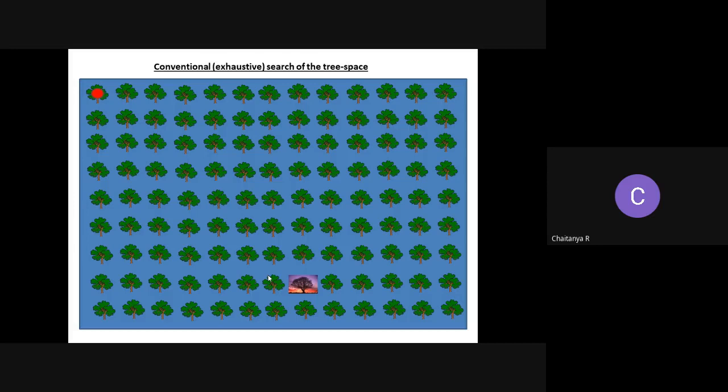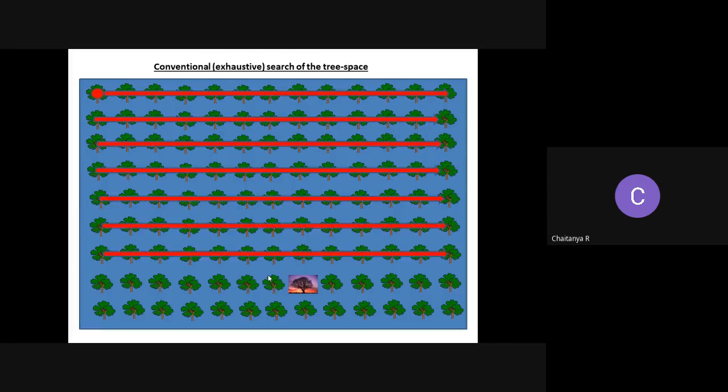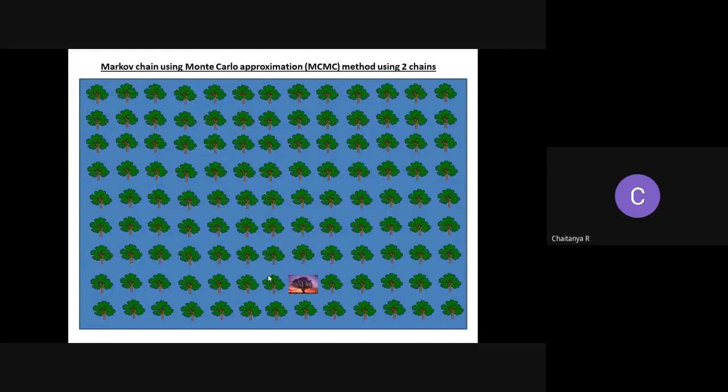And exhaustively look at all the trees in the vicinity till it gets to the right tree. Now, if you're dealing with 3 into 10 power 74 trees, this method is going to take a bloody long time, like we spoke about. So what did people do? They implemented the Markov Chain Monte Carlo approximation.